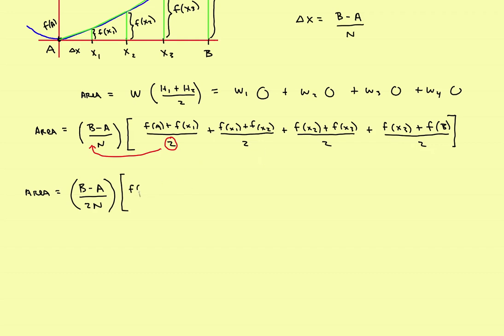So you'll have f at a plus f at x1 plus f at x1 plus f at x2 plus f at x2 plus f at x3 plus f at x3 plus f at b.